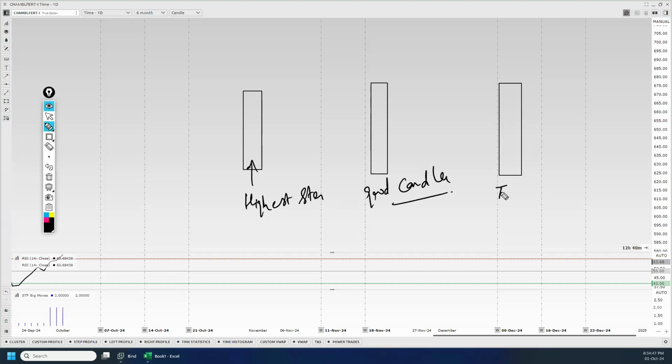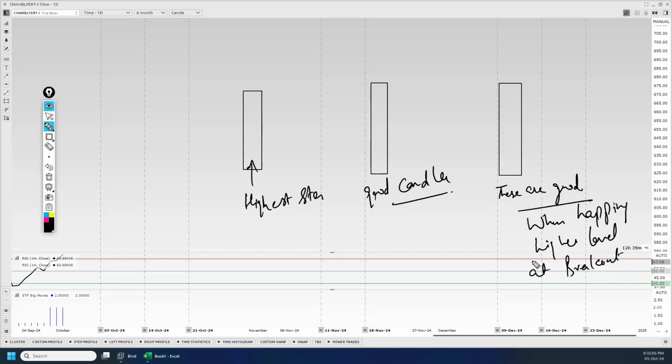These are good, right, when happening at a higher level, at a breakout, or in continuation. These are good when it is happening at the higher level or at the breakout or in continuation.